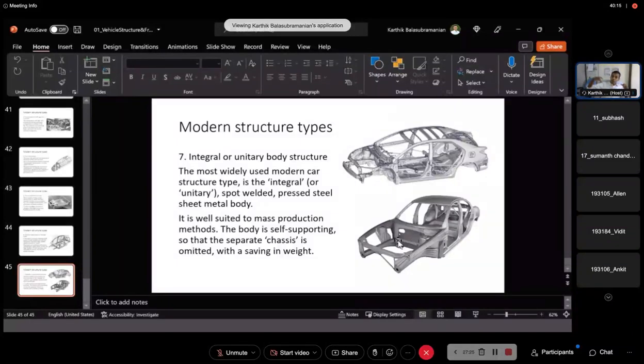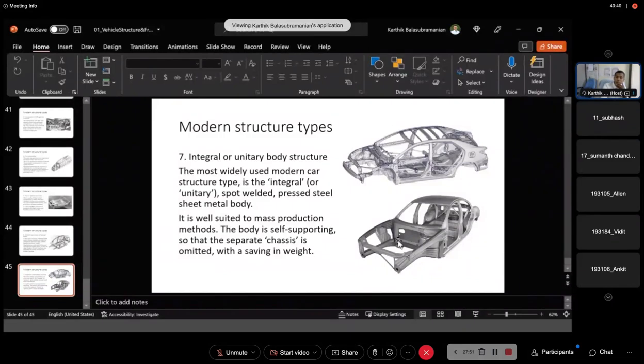So there is a whole evolution of vehicle body which you can go through. I will upload this slide also in LMS. You can read through this content so that you can better understand how the vehicle body has evolved from body on frame to unibody. We do have body on frame even now, but more or less it is unibody structure.